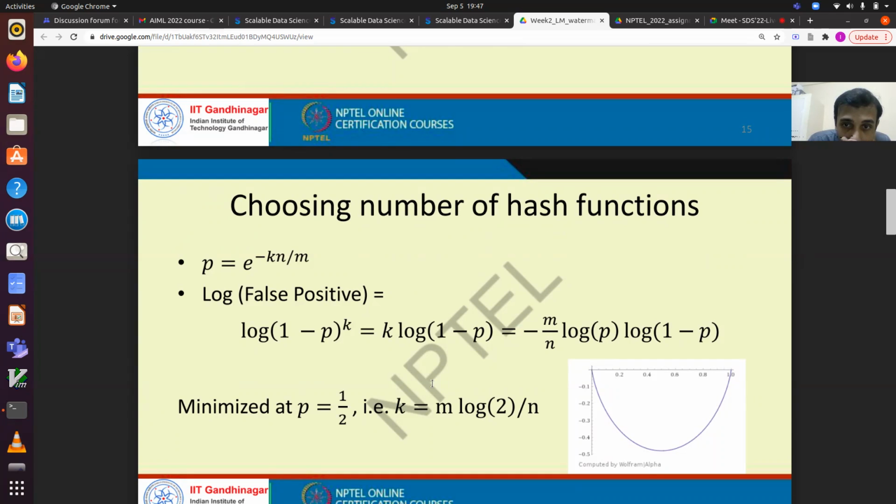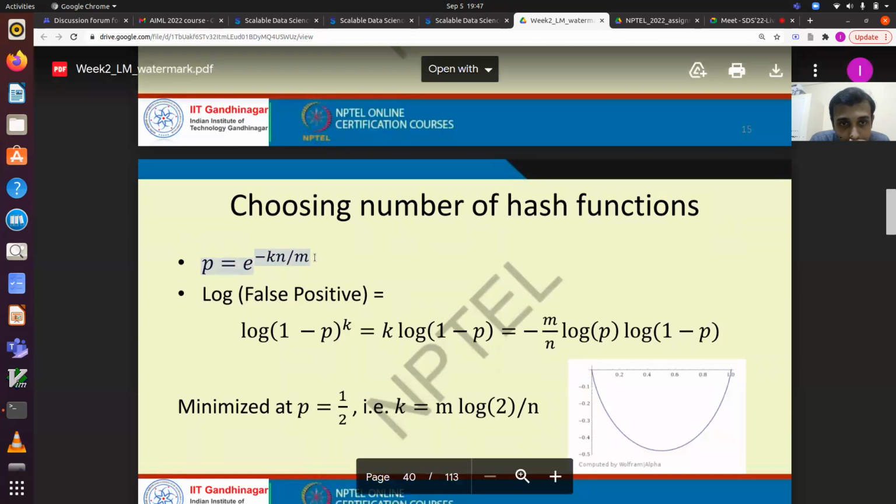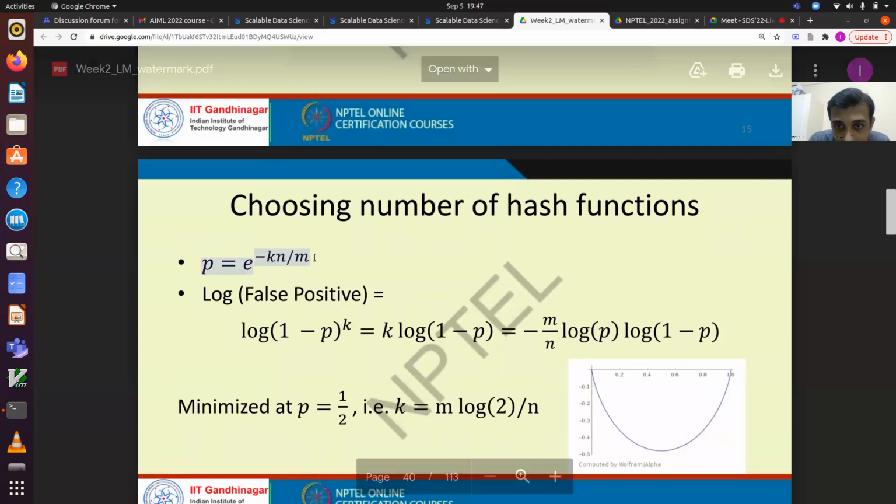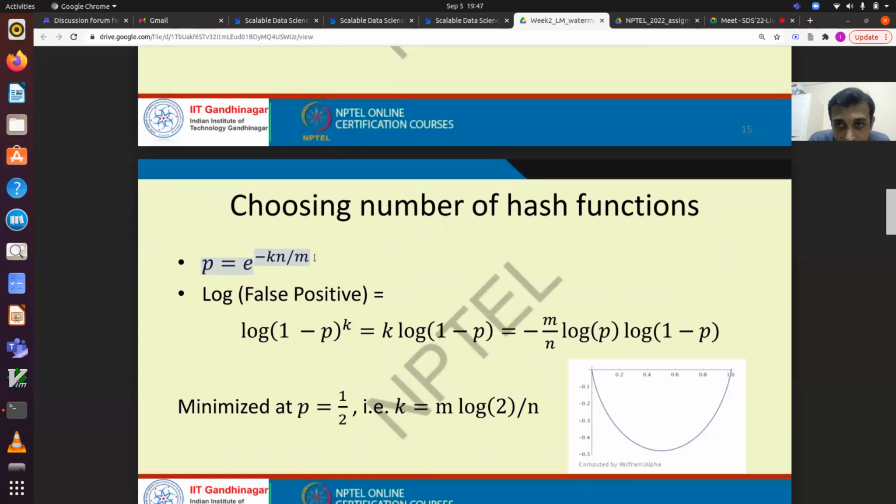But sir, when I do the calculation, I am not getting this expression. Why are you not getting the expression? Take the line above. If you take the log of both sides, this is where the natural log comes in. Take the natural log of p on the left hand side, and on the right hand side you get minus k n by m.